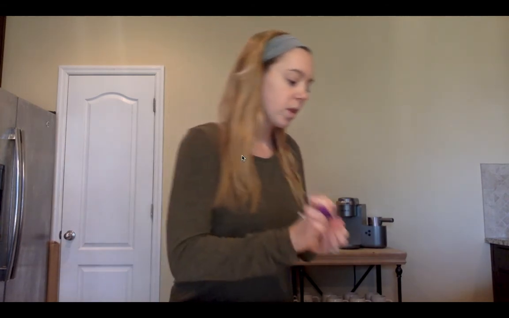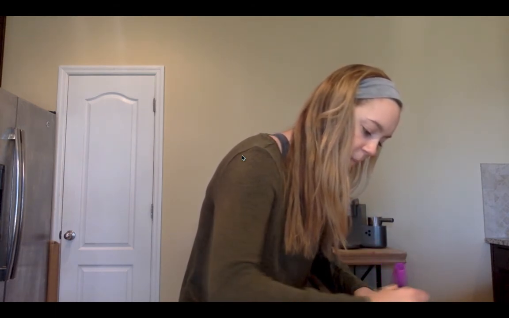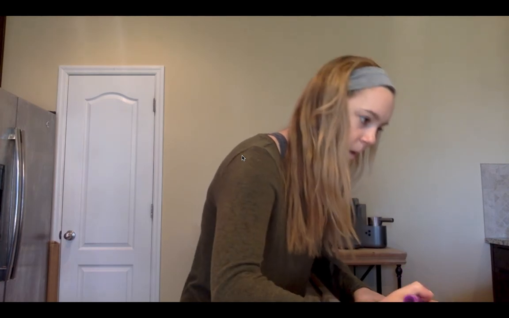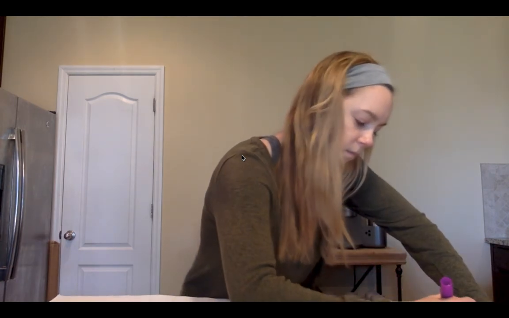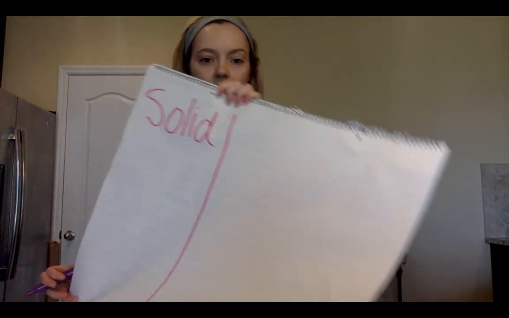Okay? So my first state of matter that I'm going to write is a solid. You guys are just going to have to improvise with me here. So a solid is what? I know that you guys know what a solid is. We've talked about it for at least a week now.